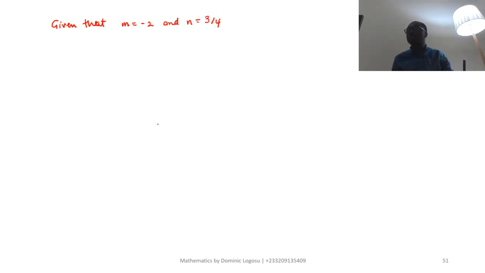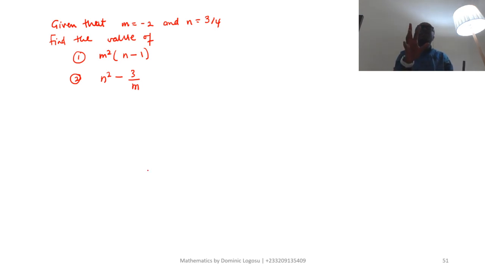Find the value of m squared into brackets n minus 1, then 2n squared minus 3m. Are we okay? Find the value of this.